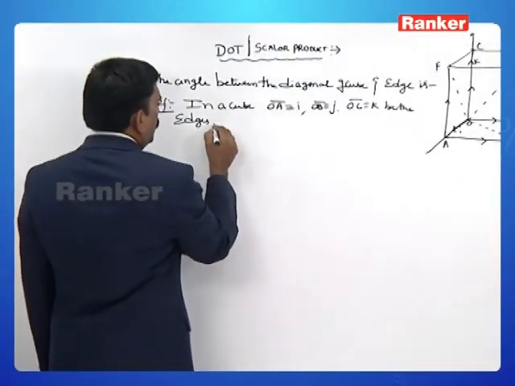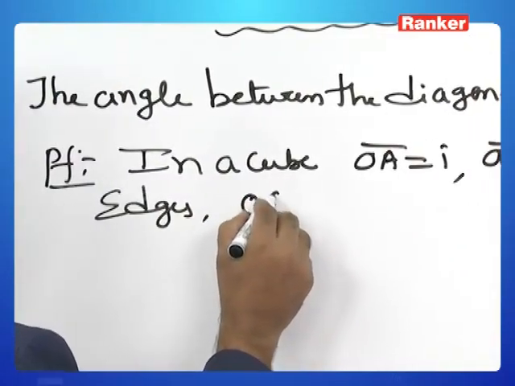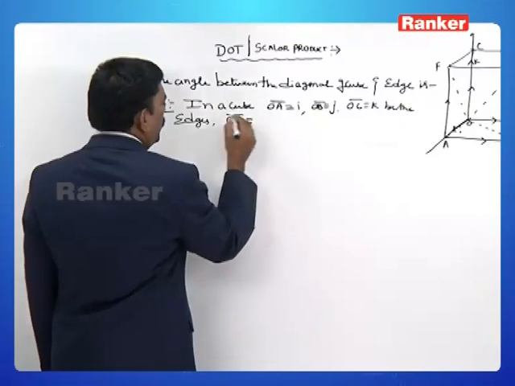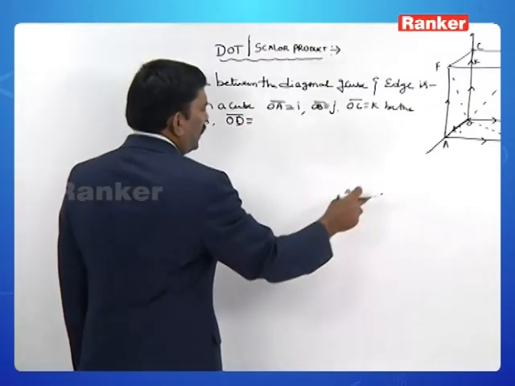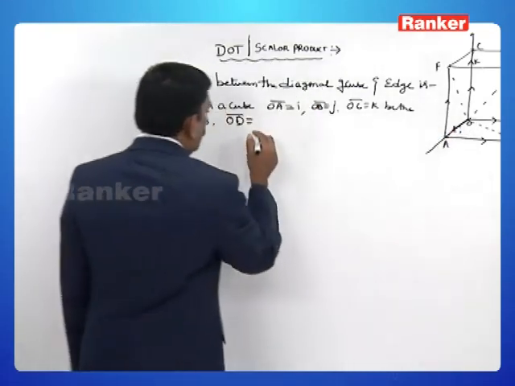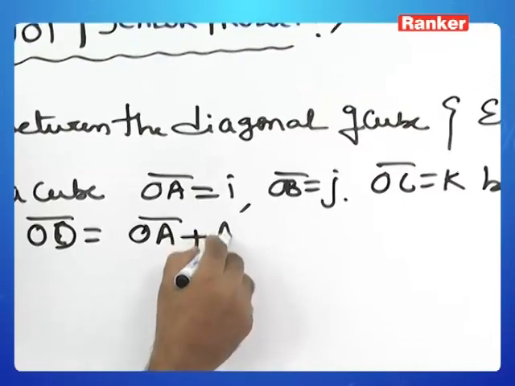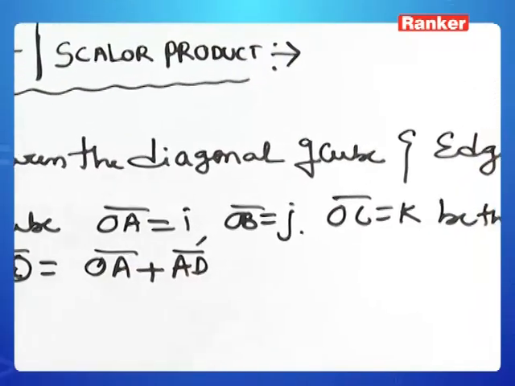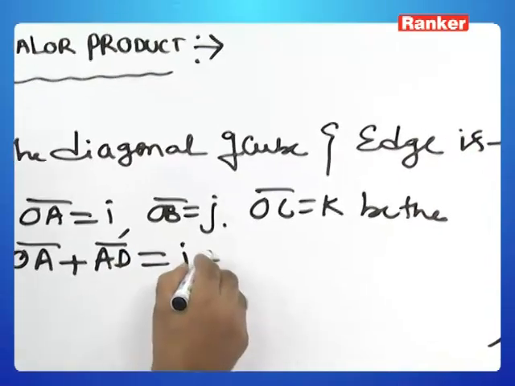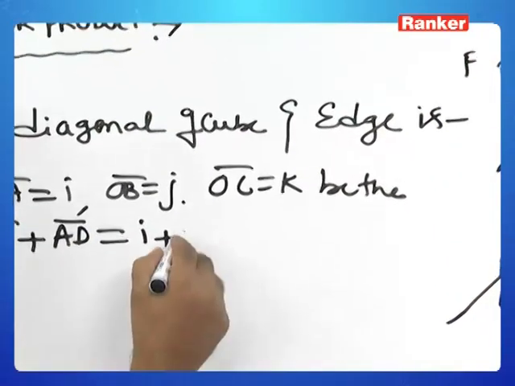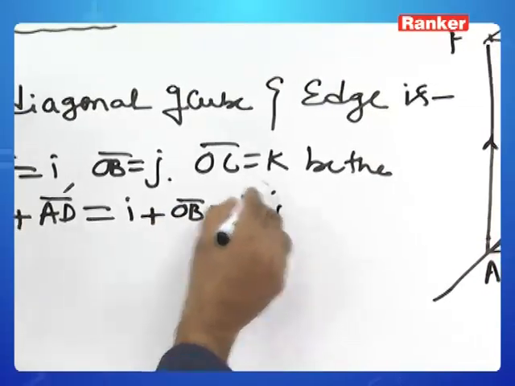Next, OZ bar. Or else first you find OD bar. What is OD bar? OD bar is a diagonal of this face. I can write by using vector addition OA bar plus AD bar. OA bar is nothing but I. AD bar is parallel to OB bar, so take OB bar. It's I plus J.